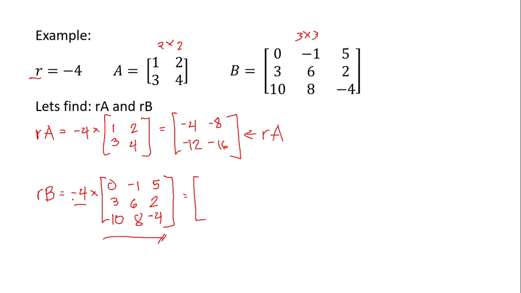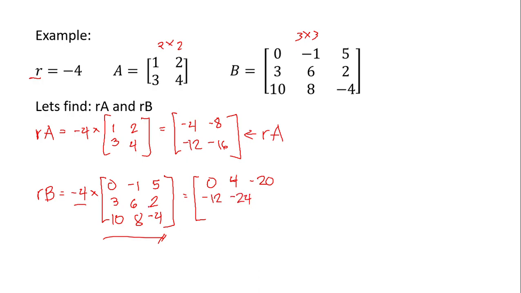So, we have negative 4 times 0 is 0. Negative 4 times negative 1 is positive 4. Negative 4 times 5 is negative 20. Negative 4 times 3 is negative 12. Negative 4 times 6 is negative 24.